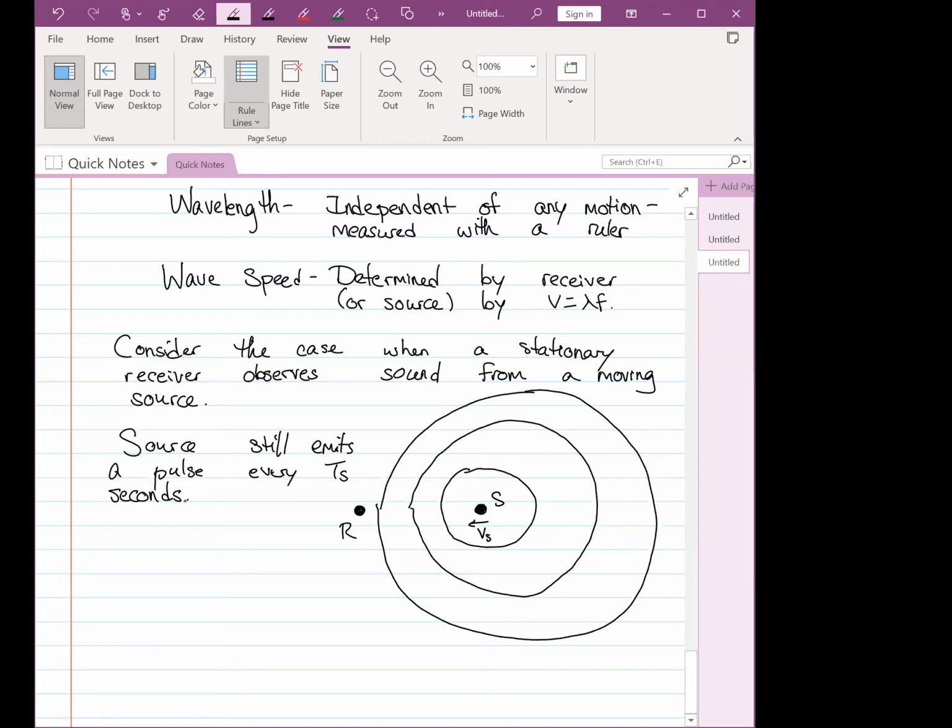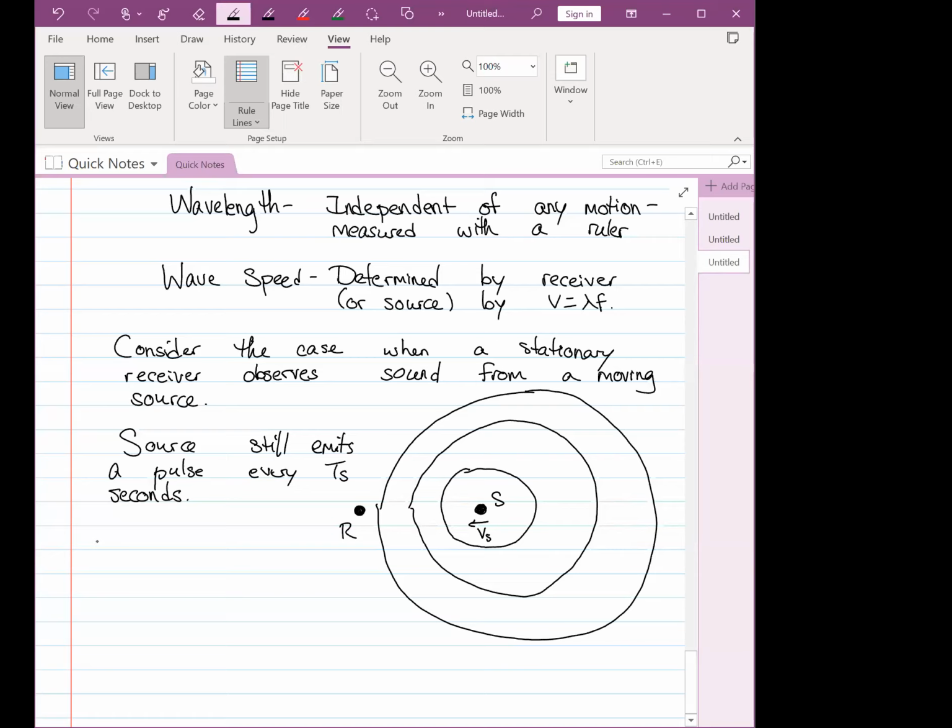However, the source emits every t sub s seconds, but in the time it takes to emit its next pulse, the source will have moved a little bit. And so each wave is emitted a little bit closer to the receiver, so the sound waves appear to arrive sooner than they otherwise may have.